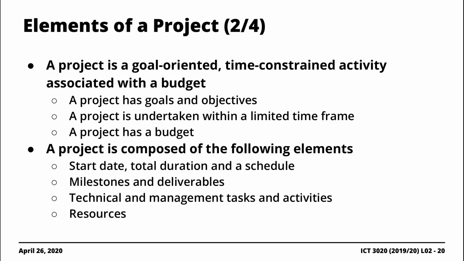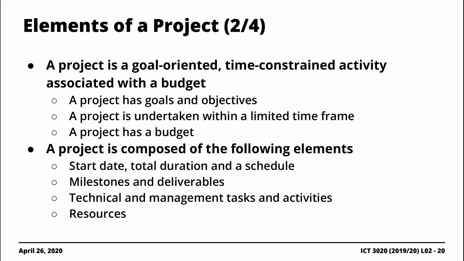So goals and objectives. Time constraint, because usually you have a limited time frame within which the project is expected to be undertaken. And of course, it's associated with a budget, because there's a predefined amount of money associated with the project.